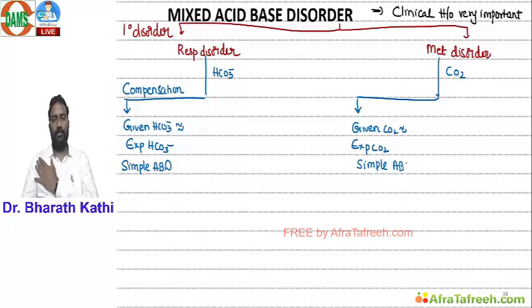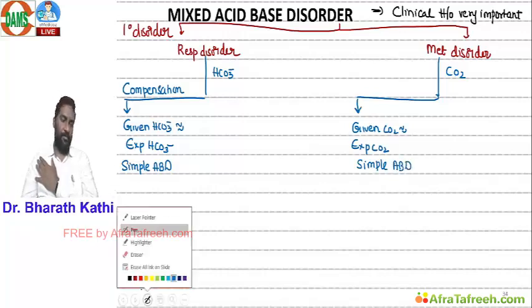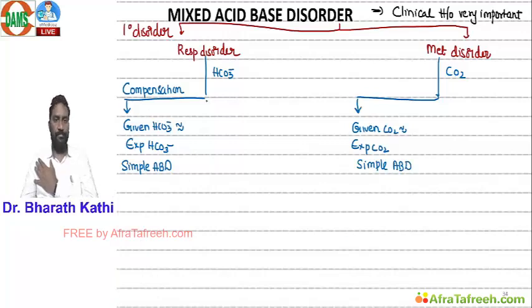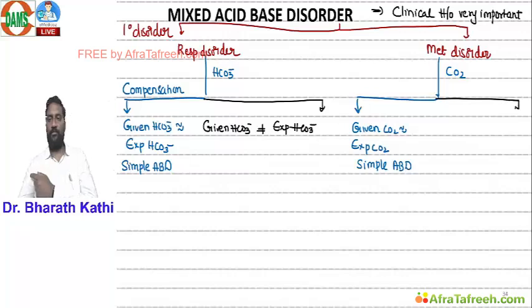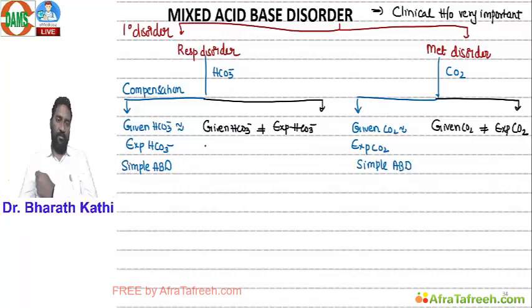But rarely there can be a relation like this: given bicarbonate is not correlating with expected bicarbonate. On this side also, given CO2 not correlating with expected CO2. What is this called?